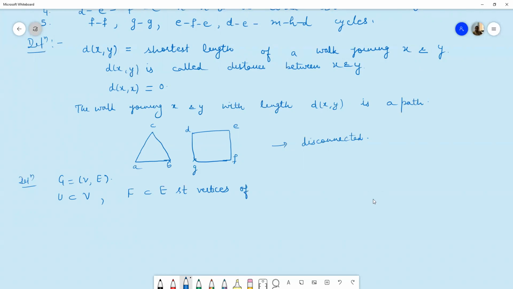But we are taking F to be that subset of E such that vertices of each edge in F belong to U. Then the graph with set of vertices U and set of edges F is also a general graph, and this will be called a subgraph of G.